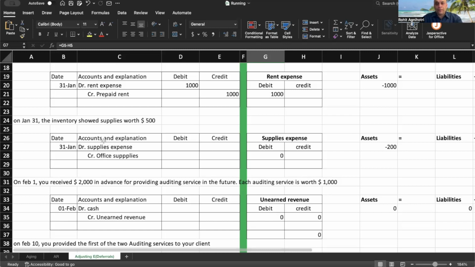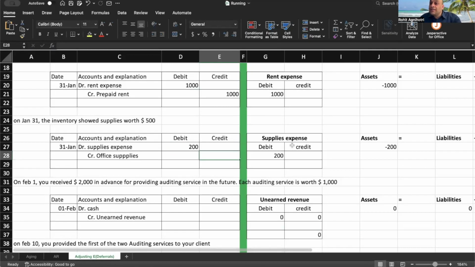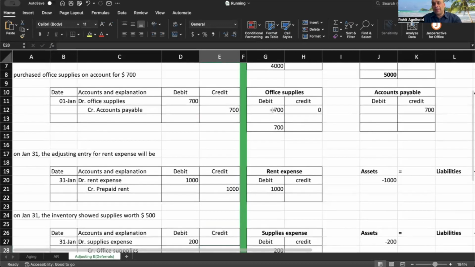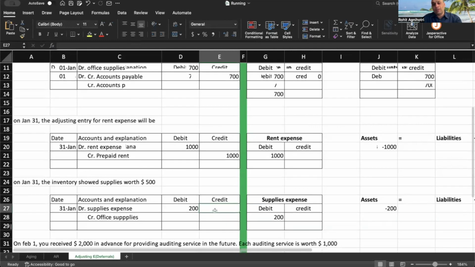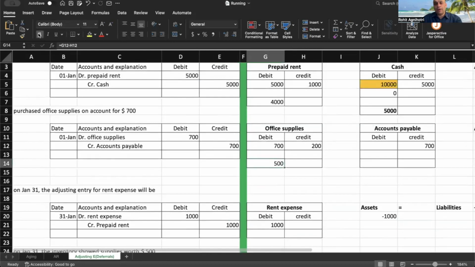Okay, so supplies expense, $200 debit. And where did these supplies come from? These supplies came from your office supplies. Okay, so office supplies was $700. $200 you have used. So your office supplies balance now is $500.